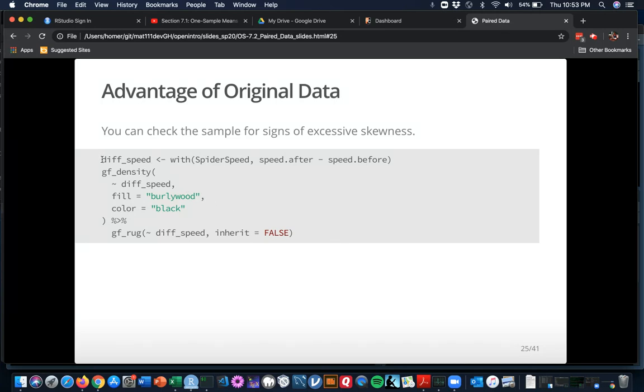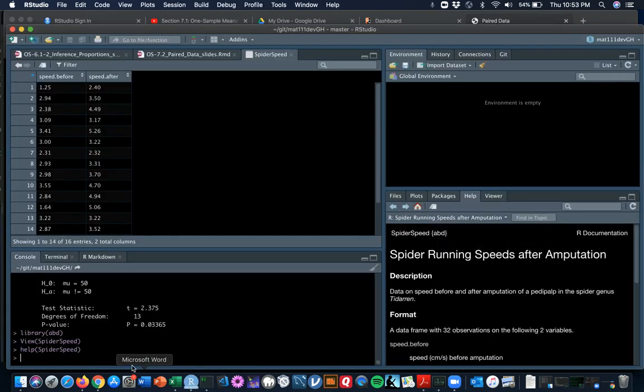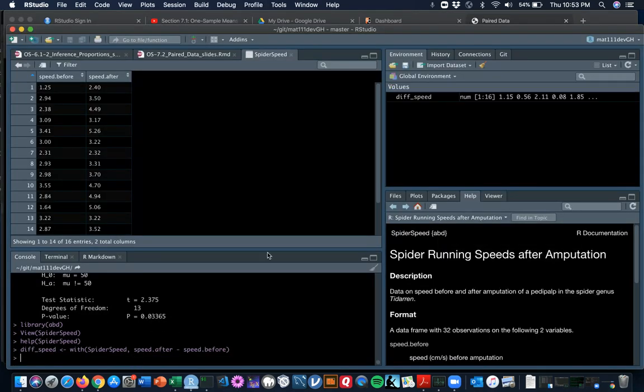So one way you could do that in our code is you could use the function with. And you say with spider speed, take those variables inside it, the speed after and the speed before, and just subtract them. And that becomes this new variable called diff speed in your global environment. I'm just going to copy that and run it over here in RStudio. Those are the differences in the speeds for the 16 spiders.